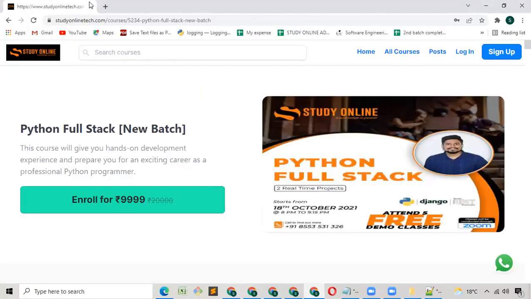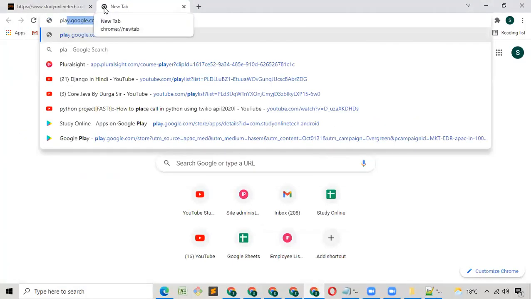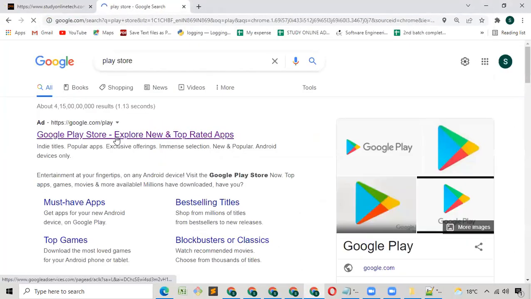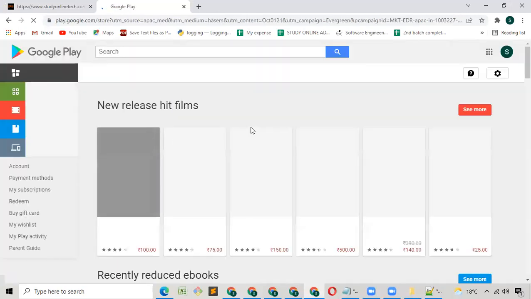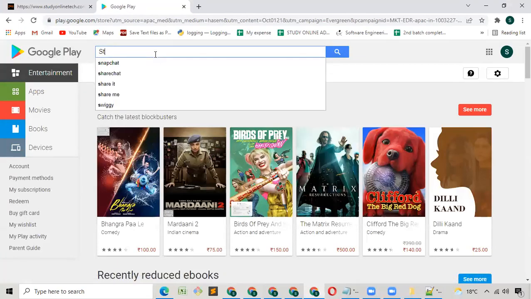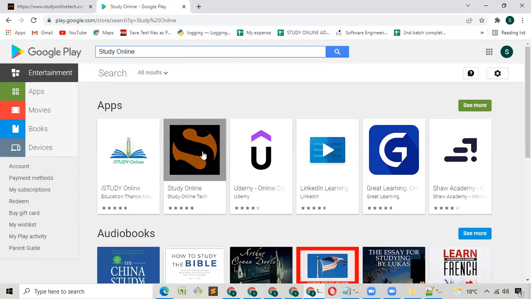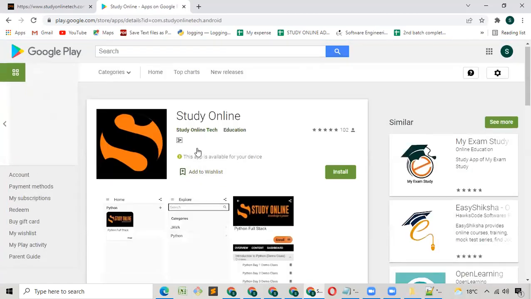Sir, how will the mobile application look? In your mobile phone or laptop, you just go to Play Store. In Play Store, you have to search Study Online, S-T-U-D-Y online. Click on enter. This is the logo of Study Online. Click on this Study Online text here. Scroll down.